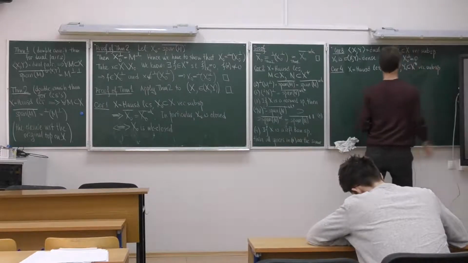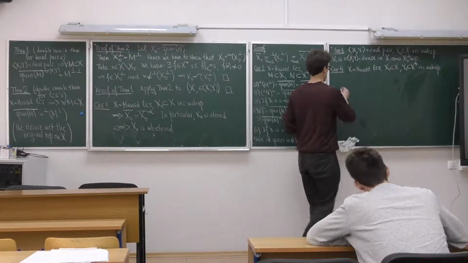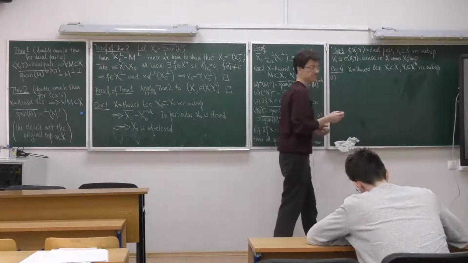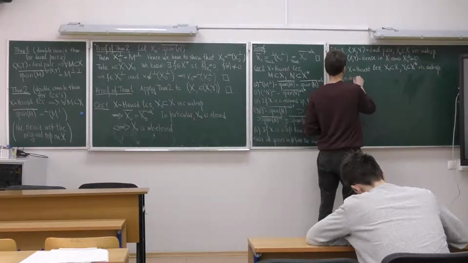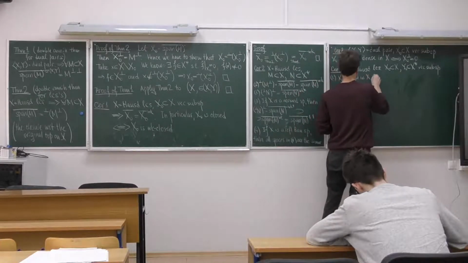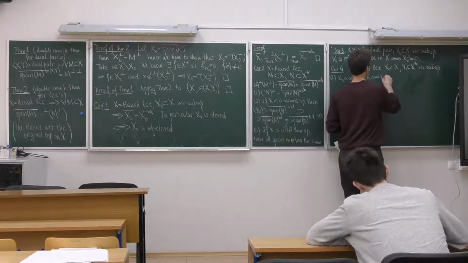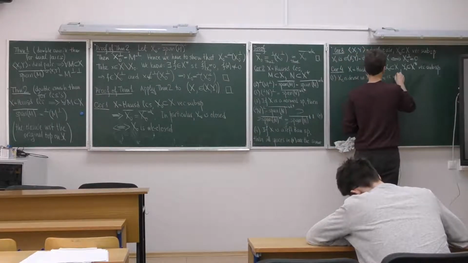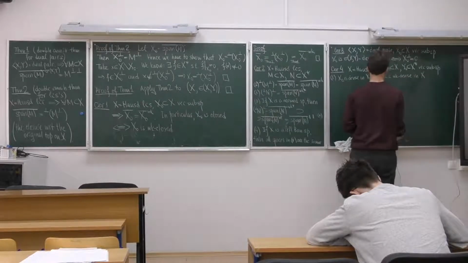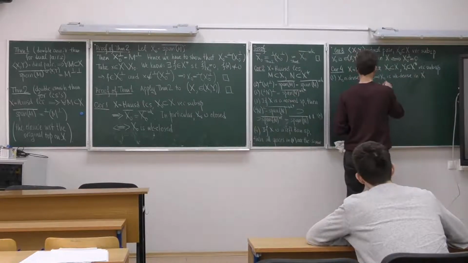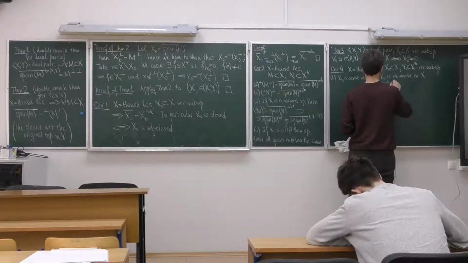Part 1, x0 is dense in X if and only if it is weakly dense in X. And this happens precisely when the annihilator is 0.